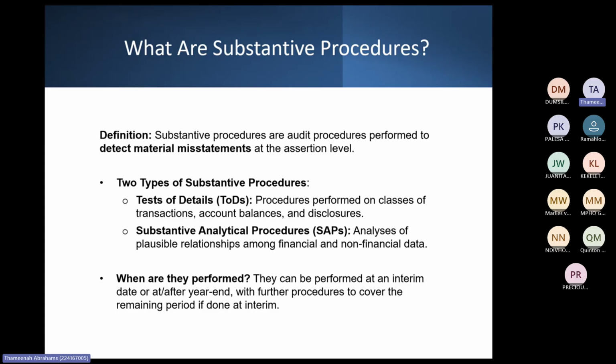So as an auditor, you can go there in, for example, October and audit January to September. So you audit those few months, and then when you come back in January, you audit the remaining months. So that's an interim audit.